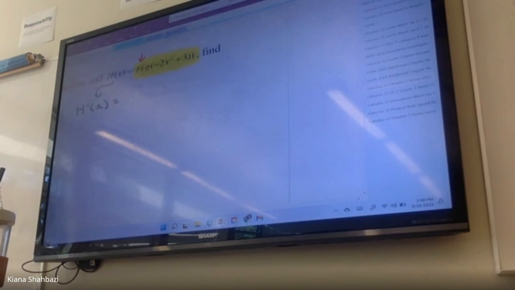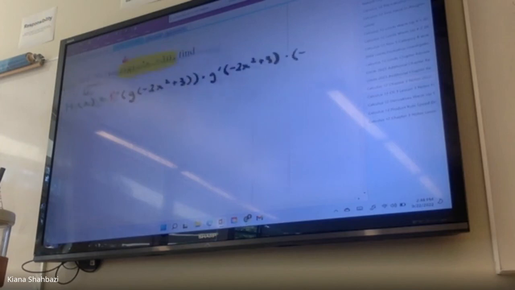It's f prime g of negative 2x squared plus 3, and then you multiply by g prime of negative 2x squared plus 3, and then multiply that by negative 4x. That's it. You got it.